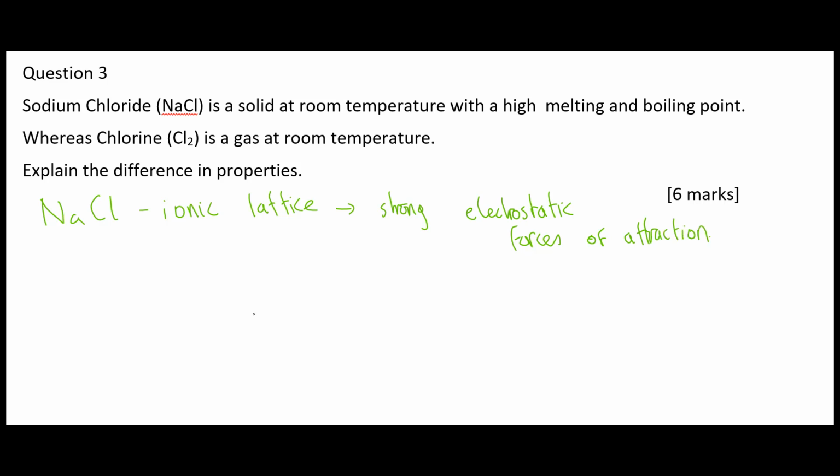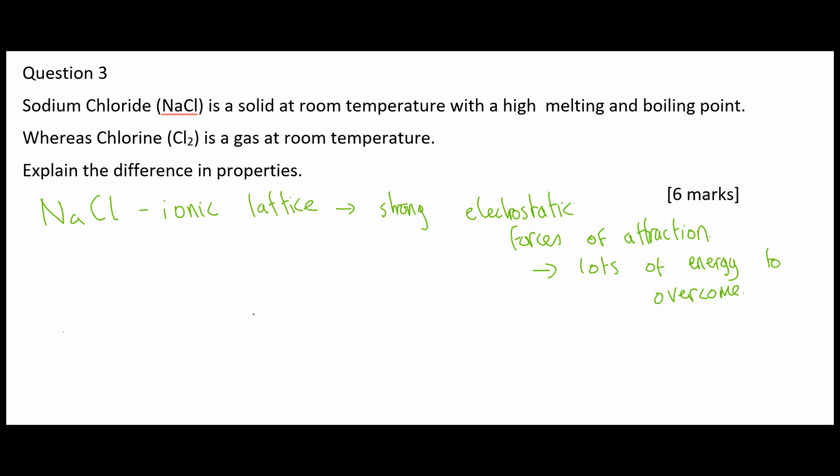And what that means is that it needs lots of energy to overcome those electrostatic forces of attraction. And this explains why sodium chloride is a solid at room temperature and why it has a high melting and boiling point.